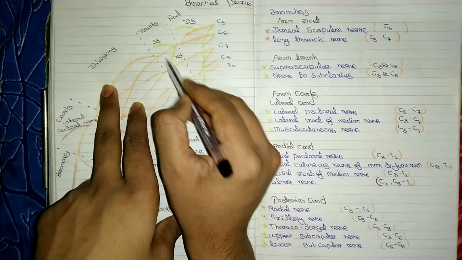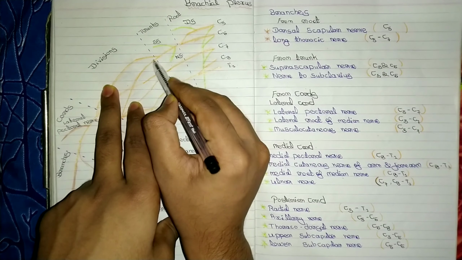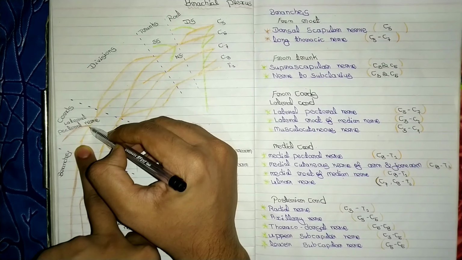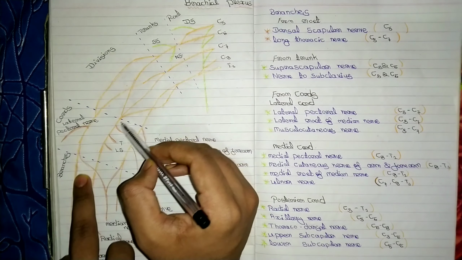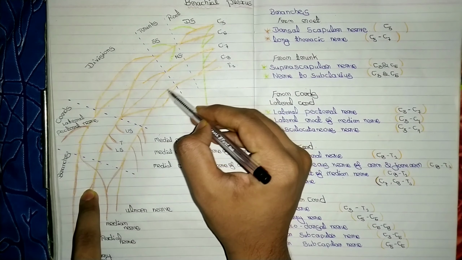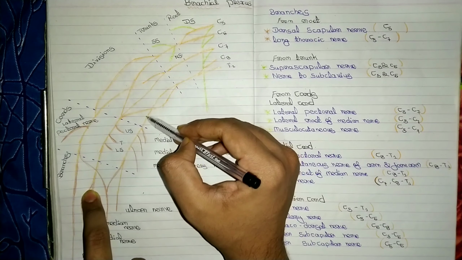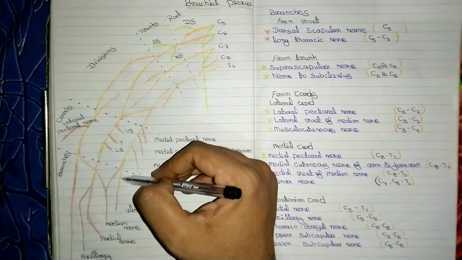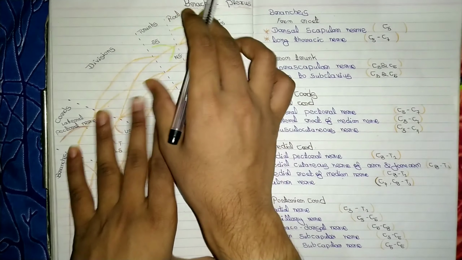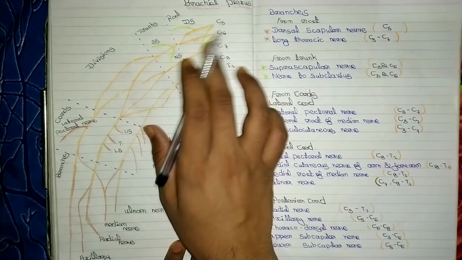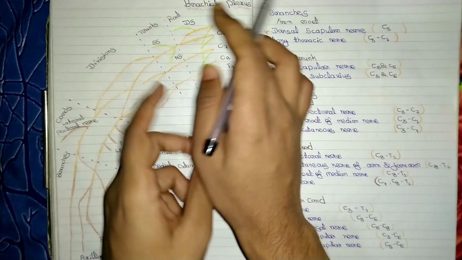The anterior division of the upper two trunks combines to form the lateral cord. The posterior division of all three trunks combines to form the posterior cord, and the anterior division of the lower trunk continues as the medial cord. Now branches. Branches will arise from each part of this brachial plexus.